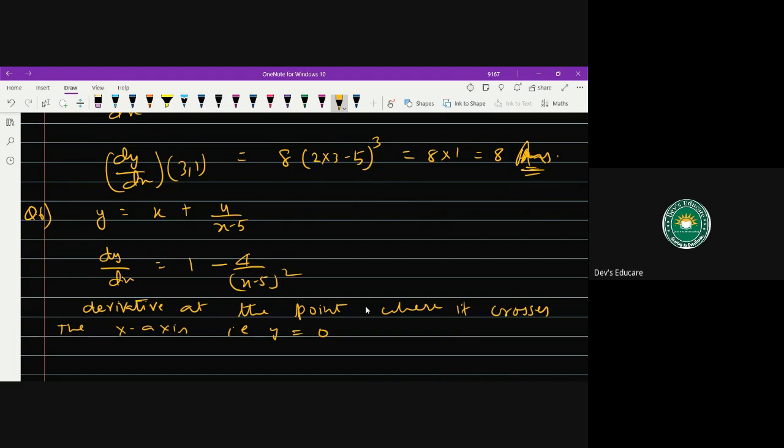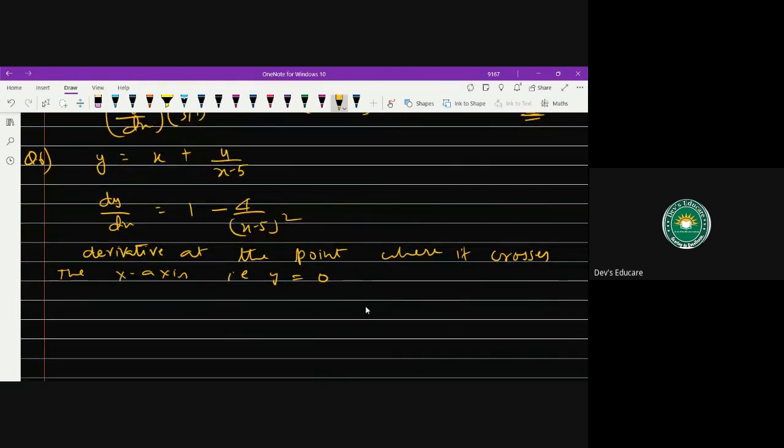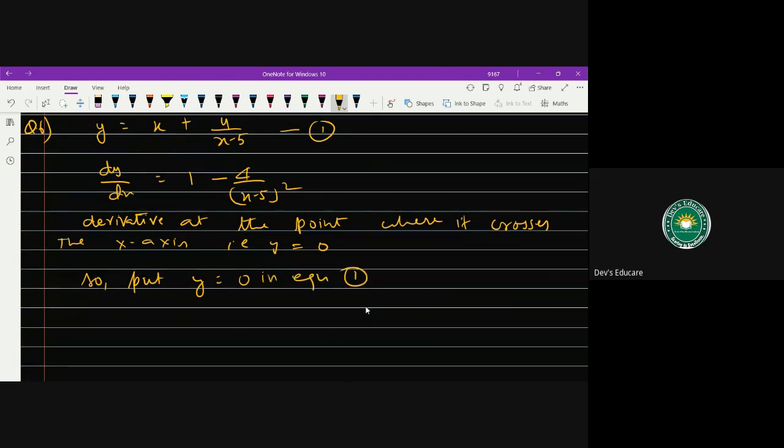So put y equals 0 in the equation of the curve. We have 0 equals x plus 4 upon x minus 5.